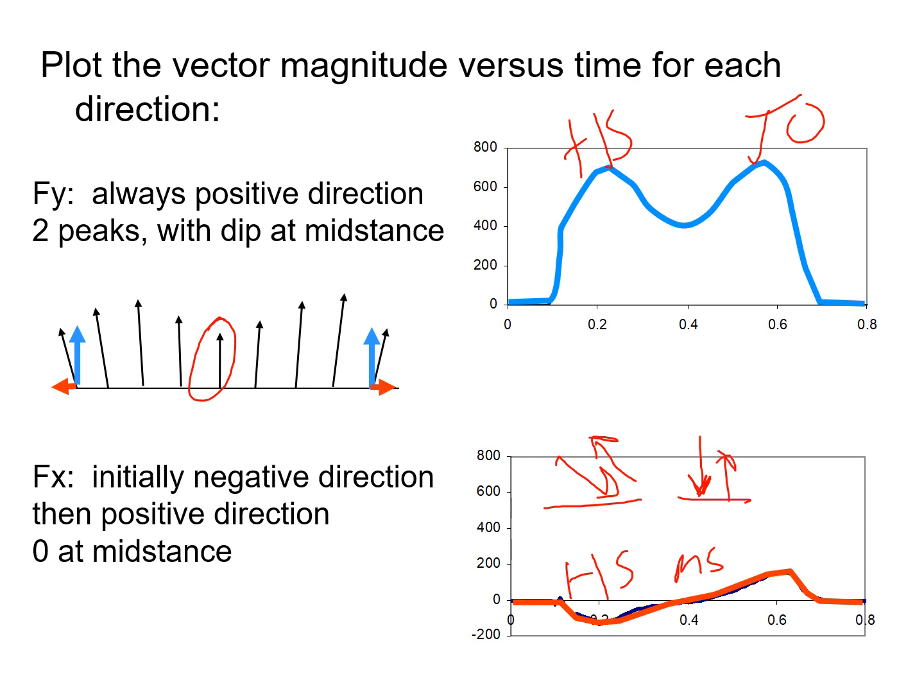It's pointing back up at us, but there's no forward motion. And then finally at toe off, right here, we're pushing against the ground like this, and the ground is pushing like this. So we're seeing greater force in the horizontal direction.